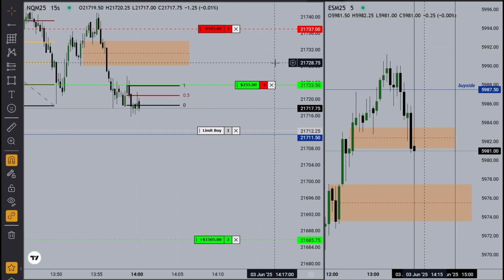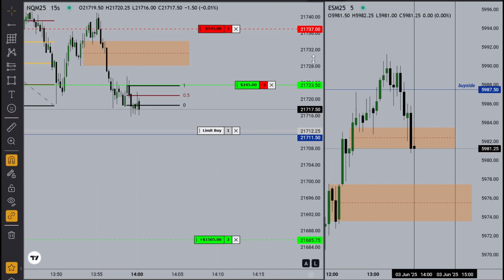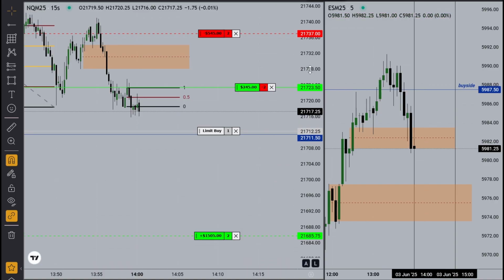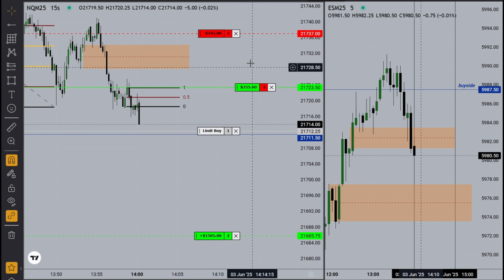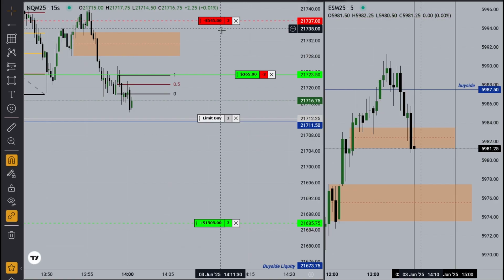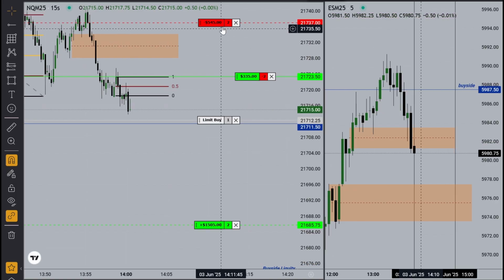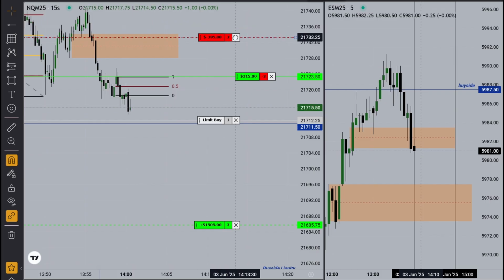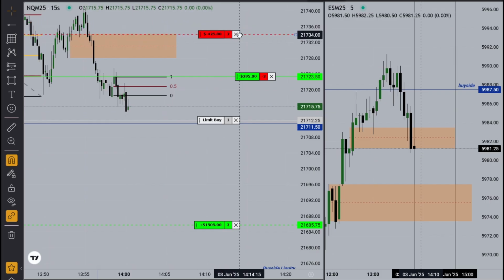All these scenarios are something that I analyze while I'm trading. That's a nice push to the downside. So far so good. Let's put our stop loss down a little bit more.